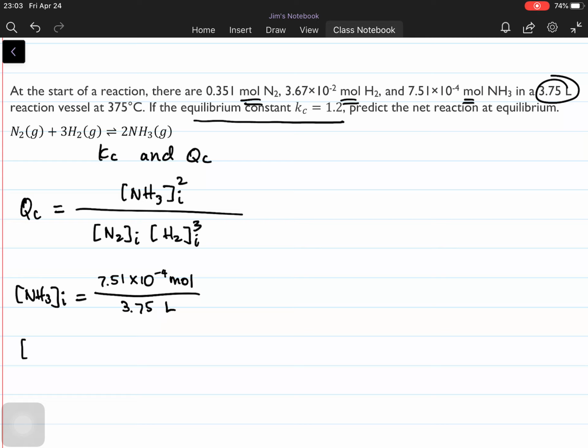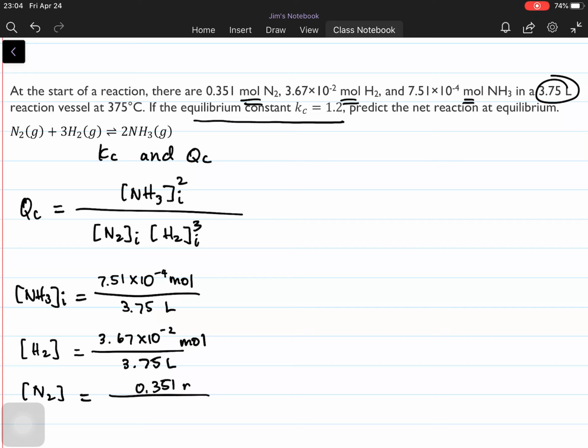To get the initial concentration of H2, that is equal to 3.67 times 10 raised to negative 2 moles divided by 3.75 liters. To get the concentration of N2, that is 0.351 moles divided by 3.75 liters. Okay, so then we're going to solve for that.